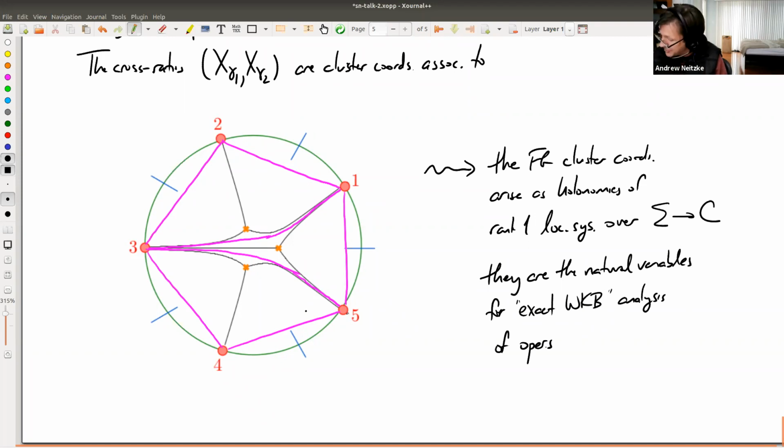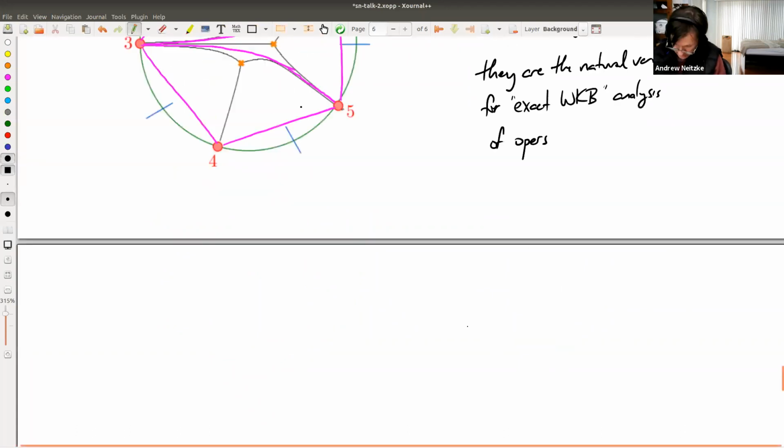And the same thing happens in more generality than this specific example. So similarly, maybe I'll just say 2 other examples and then I'll stop.